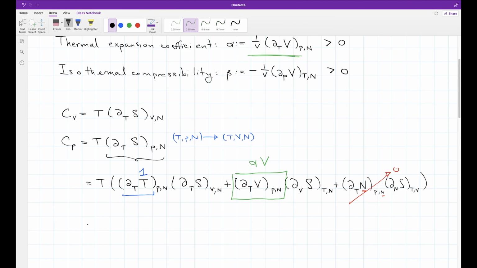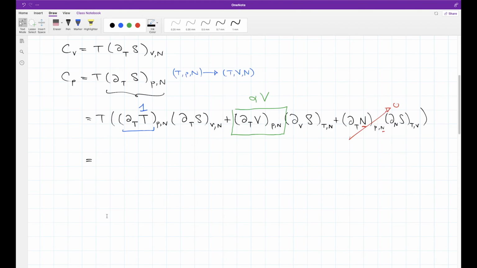So now we can rewrite that line a little bit more clearly. That's t times partial t of s fixing v and n plus alpha t v times the partial with respect to v of s while fixing t and n. Good.